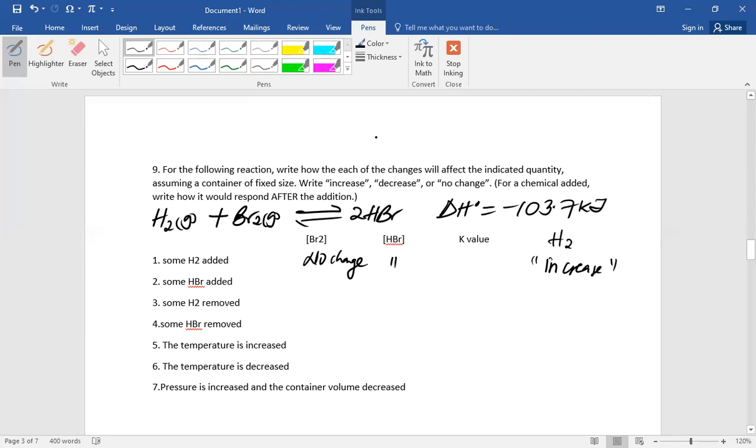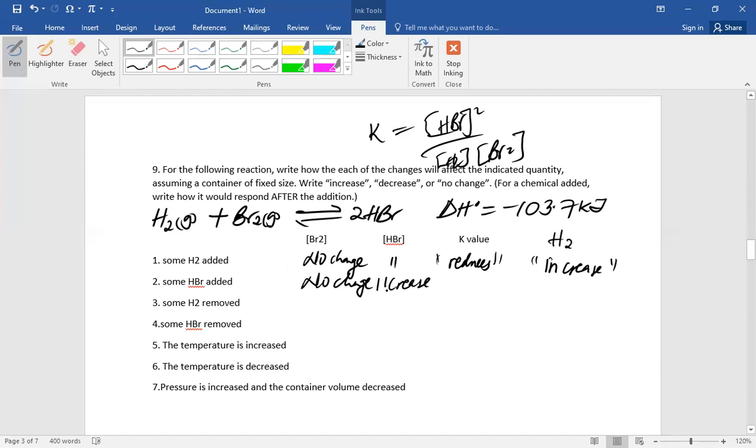Let's write K equal to HBr to the power 2 over H2 and Br2. So H2 and Br2 are in the denominator, so if H2 has increased, then this value reduces. And then HBr is added. On Br2 there will be no change, and HBr, meaning that it has been added, so increase. Then the K value will have no change.